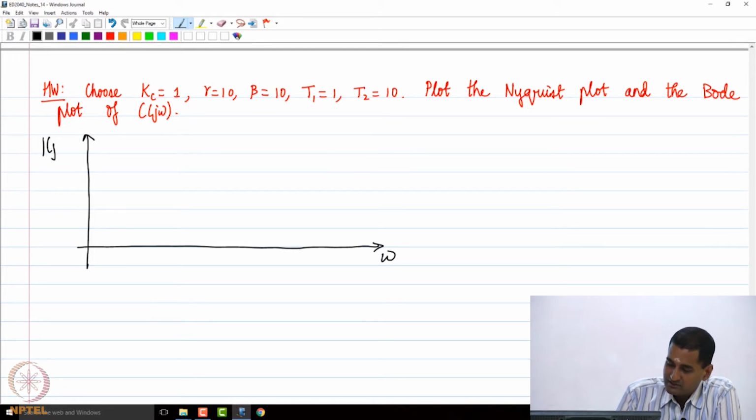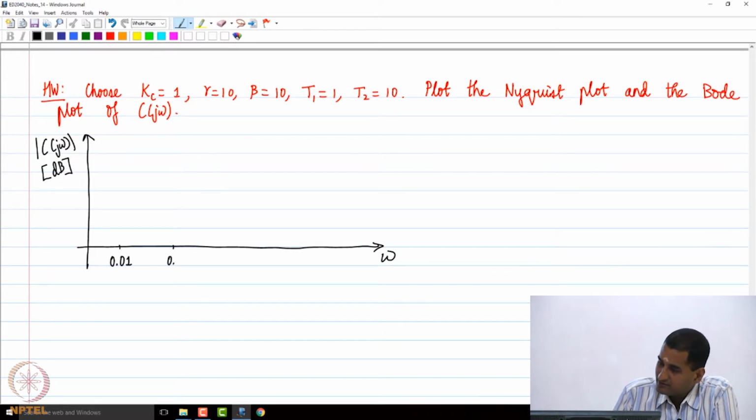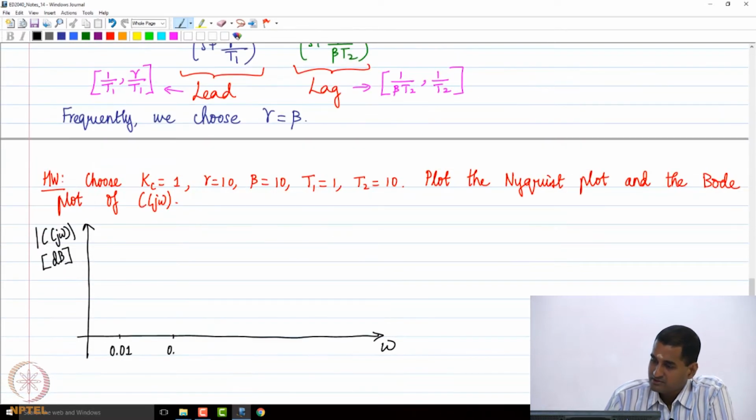Let me draw the magnitude of C of j omega, of course in decibels. What are the critical frequencies? We are going to have 0.01, since 1 by beta T2 will be 0.01. 1 by T2 will be 0.1.